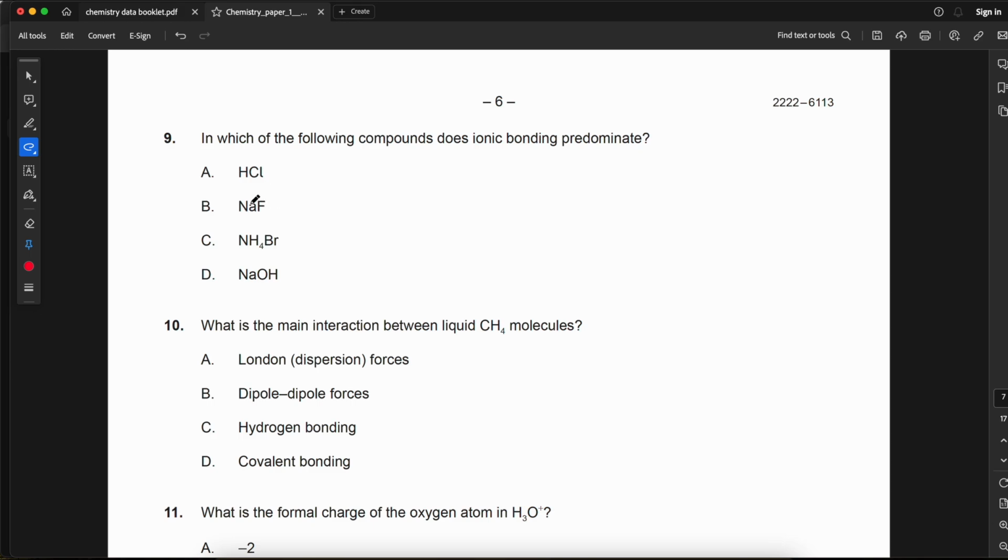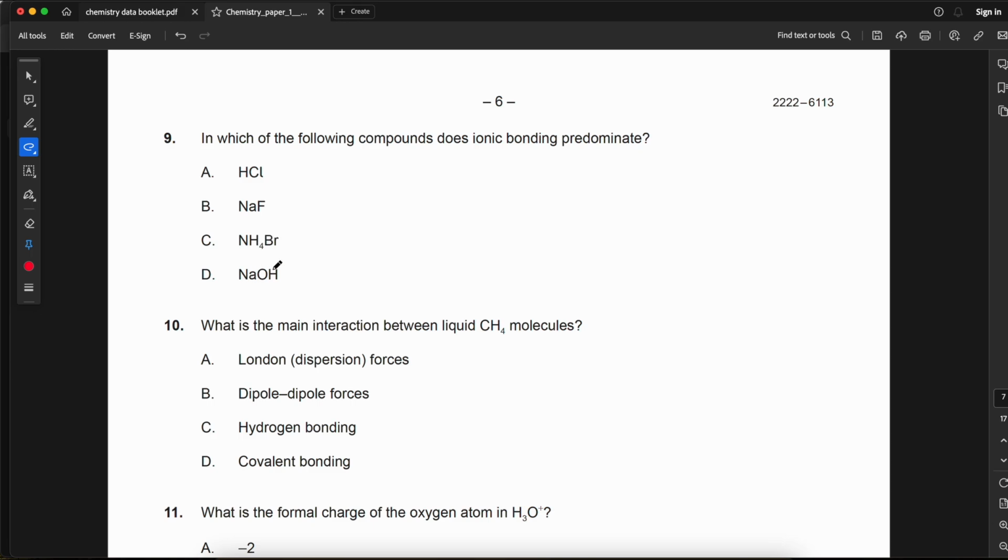Na has low electronegativity, comes from group 1, and F is a non-metal with high electronegativity, so leading to transfer of electron from Na to F. And for C, NH4Br, it's a covalent bond, so sharing between NH4 plus and Br minus, and between N and H they also share electrons.